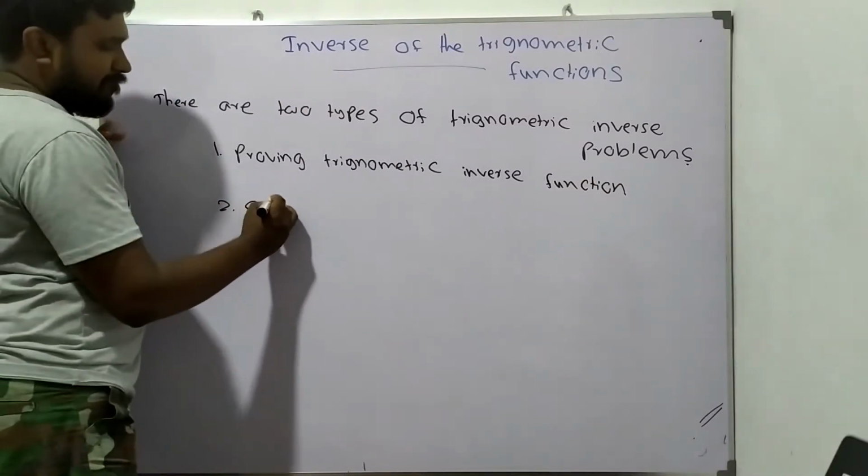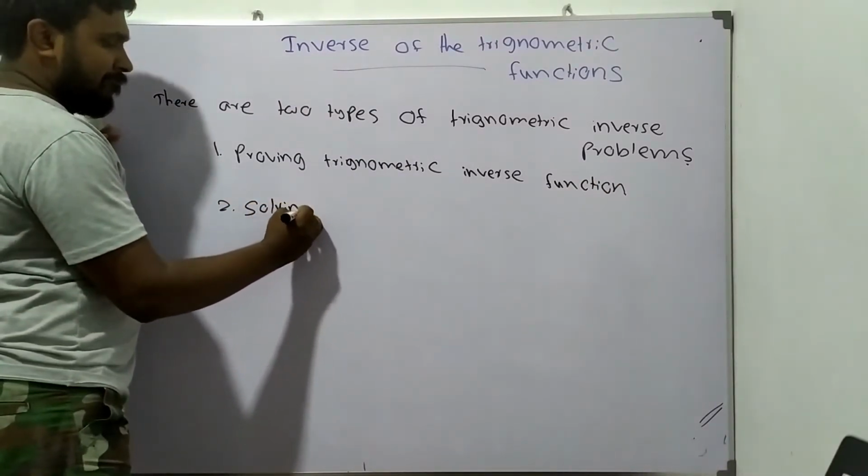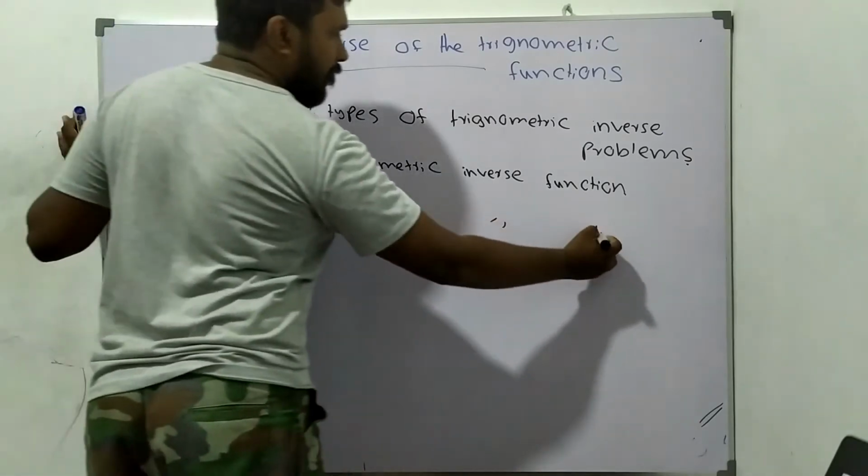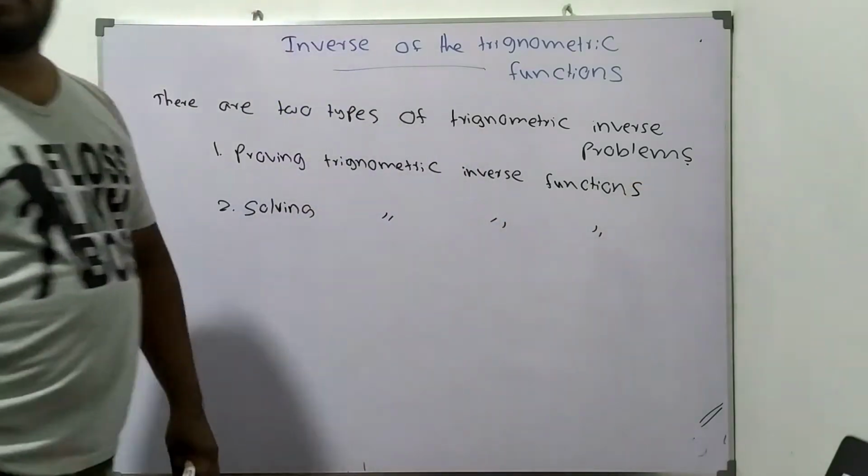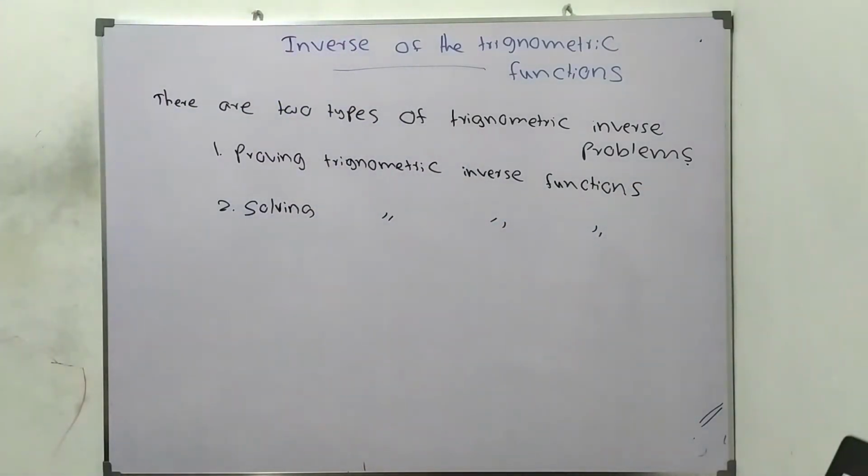The second type is solving trigonometric inverse functions. These are the main types that we are going to discuss today, and in an inverse function problem we will have these two types.